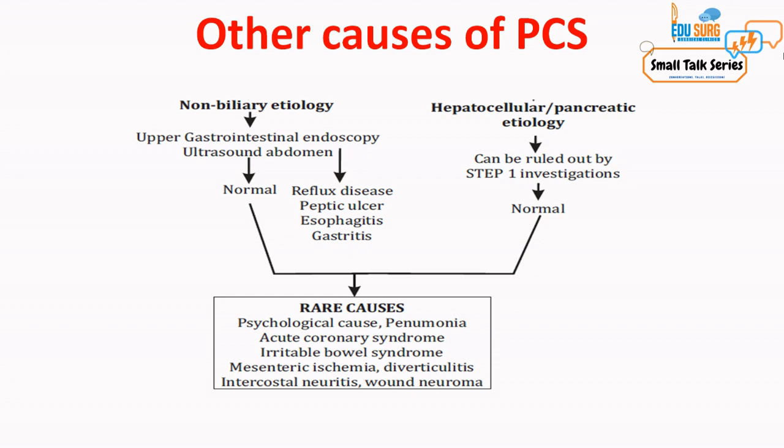Now, these are not rare conditions by themselves, but for post-cholecystectomy syndrome, these are rare diagnoses, and that is why you should rule out the biliary etiology, hepatocellular and pancreatic etiology, as well as non-biliary upper gastrointestinal tract etiology first, and then consider these causes.